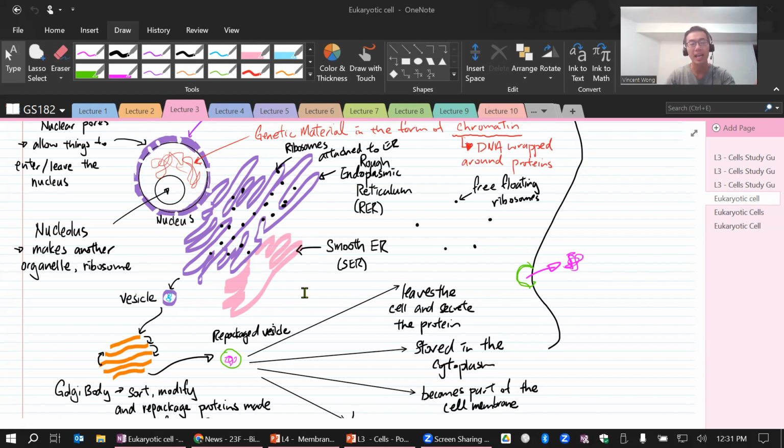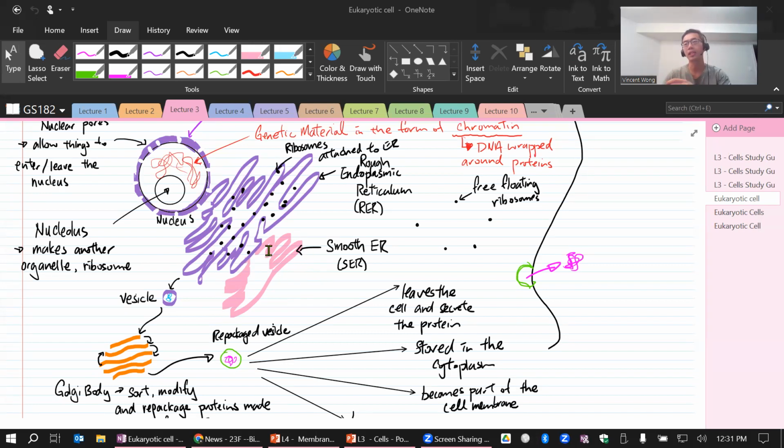We call those the endoplasmic reticulum. Some endoplasmic reticulum has ribosomes on them, which makes them rough ER. Others don't have the ribosomes, and we call them smooth ER.